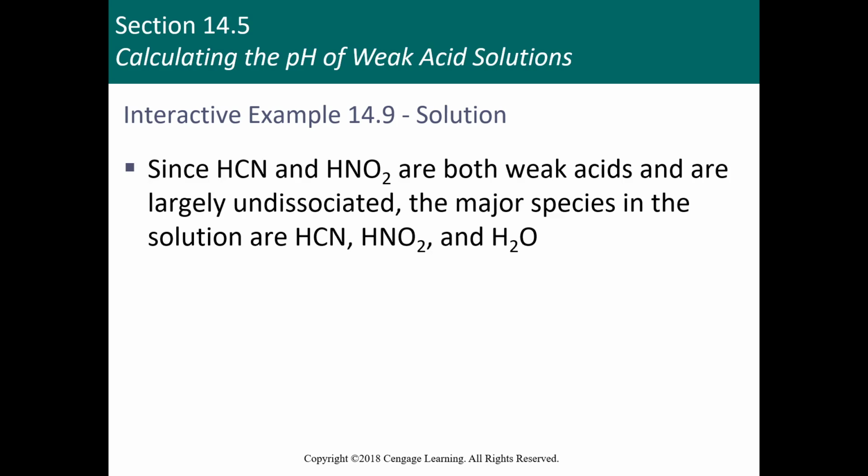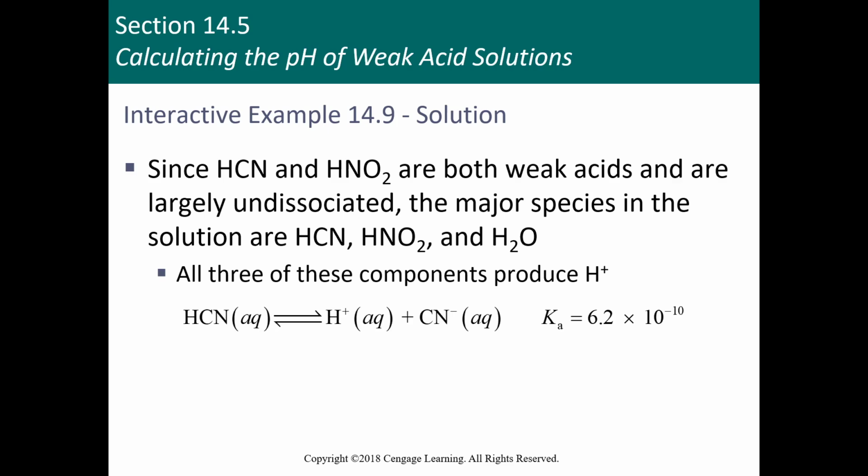Our HCN and HNO2 are both weak acids, and so they're largely going to be undissociated. The major species in the solution will thus be HCN, HNO2, and water. All three of these components could produce H+, and do produce some H+.